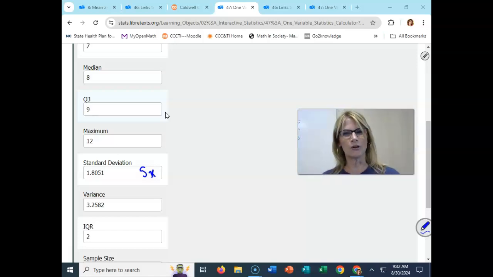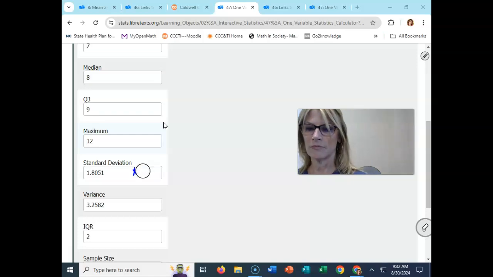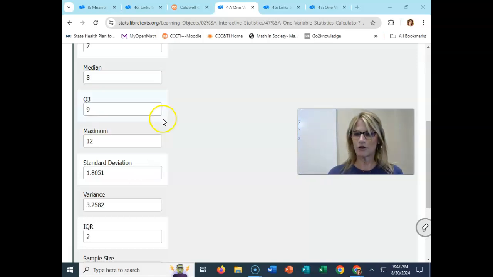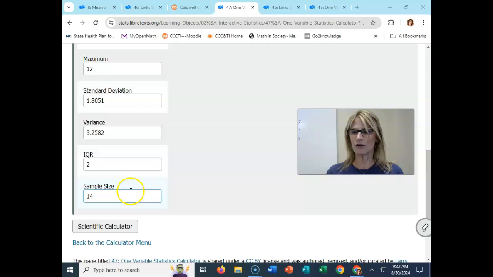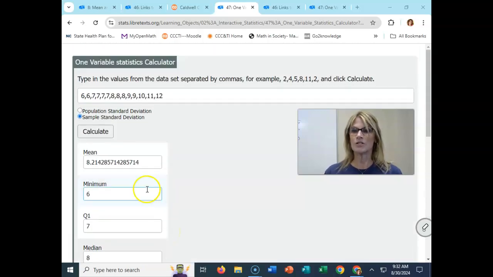Variance, we don't really do a lot with variance in this class. Interquartile range, we're not going to talk about that a lot, and then the sample size. Okay, so basically we just go to the one variable statistics calculator, enter all your numbers, calculate, we got it.